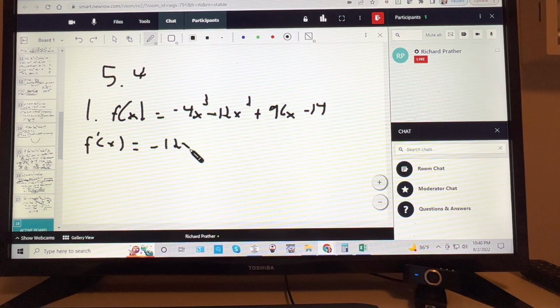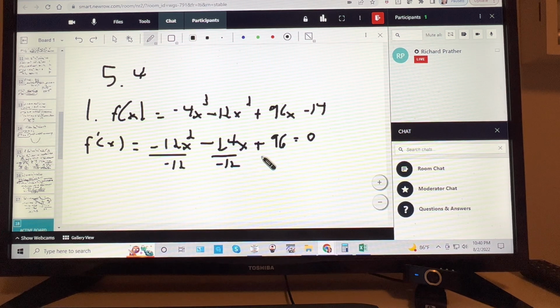Negative 12x squared minus 24x plus 96. This is a polynomial, so it's never undefined. It could be 0 up to 2 times. There could be 2 critical numbers. I would try dividing everything by negative 12 if you can get away with that, because then you'll have a nice 1x squared. It'll be easier to factor.